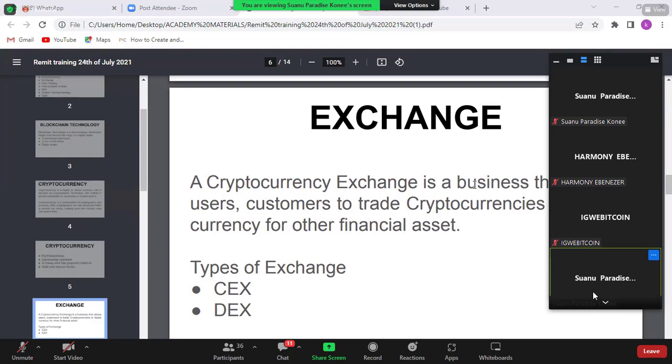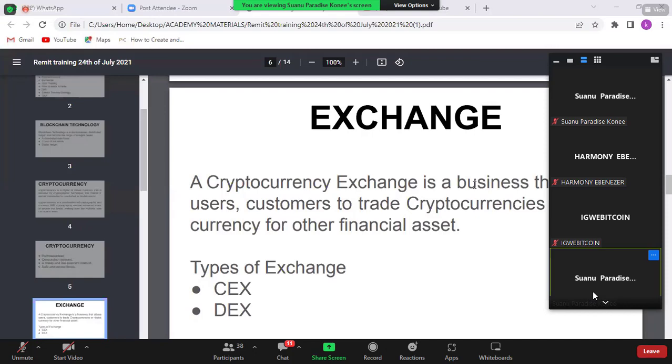I have explained it. An exchange is a market. We all know what a market is. Now, types of exchange. So I can simply write types of market of cryptocurrencies. Do you understand that? It's the same thing as types of an exchange.